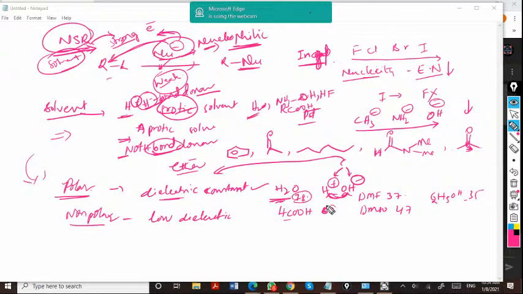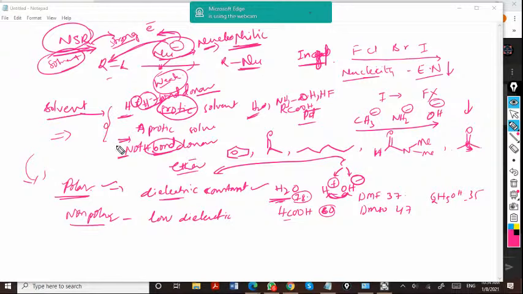When the dielectric constant is more, they are said to be polar. So solvents can be polar protic, polar aprotic, non-polar protic, or non-polar aprotic.